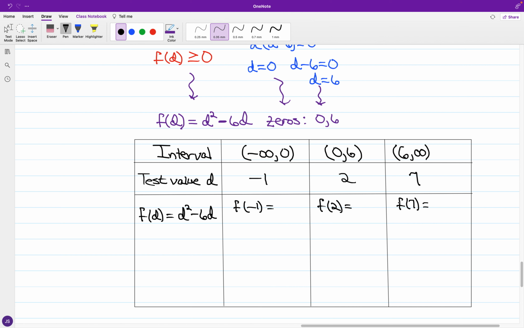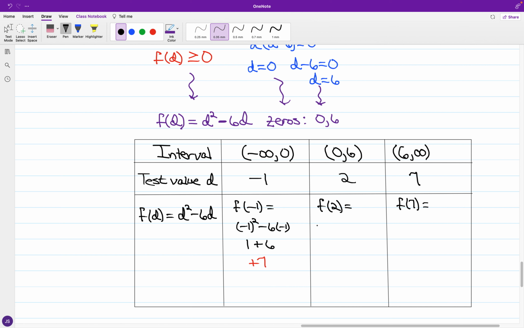Taking f of -1, I have the square of -1 minus 6 times -1. The square of -1 comes out to 1. -6 times -1 comes out to +6. And 1 plus 6 gives us +7.